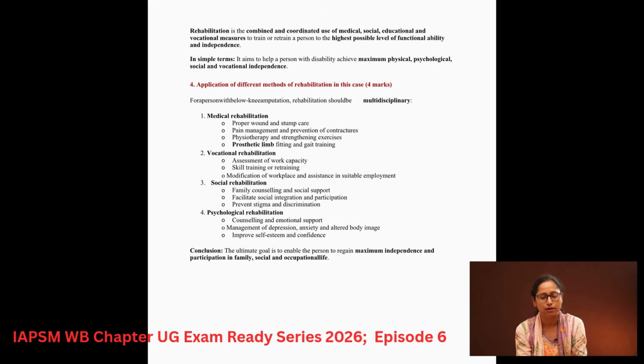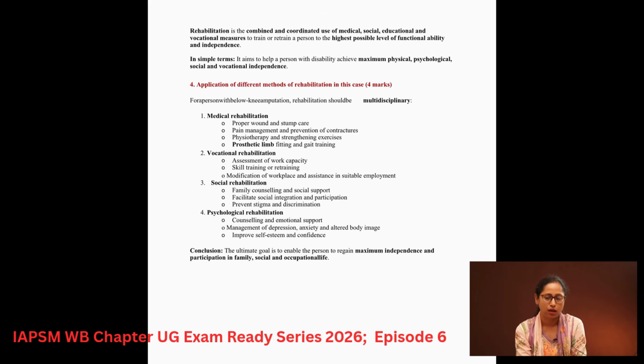Lastly, psychological rehabilitation, we will be talking about counseling and emotional support, management of depression, anxiety and altered body image, and improve the self-esteem and confidence. So, basically the ultimate goal is to enable the person to gain maximum independence and participation in family, social and occupational life.